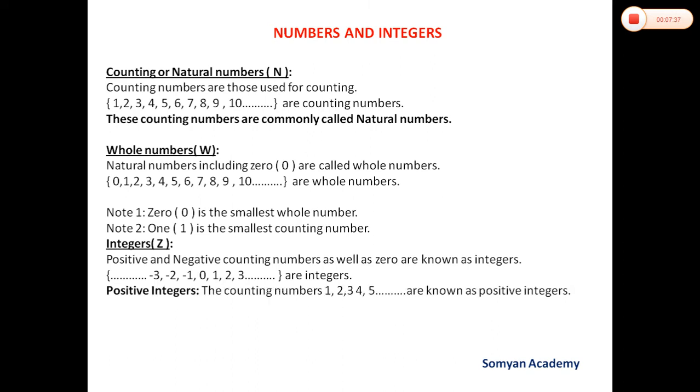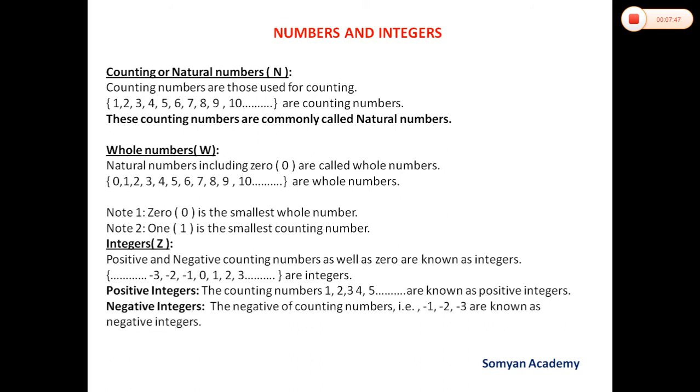So the counting numbers 1, 2, 3, 4, 5 and so on are known as positive integers. And what are the negative integers? The negatives of counting numbers, that is -1, -2, -3, are known as negative integers.